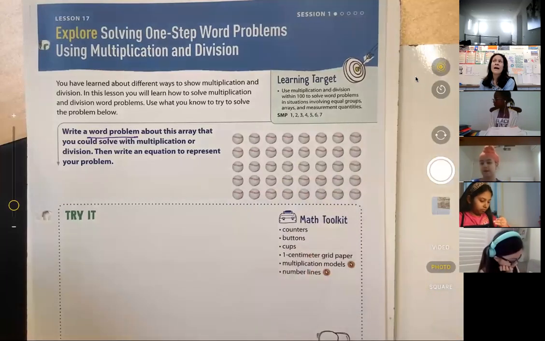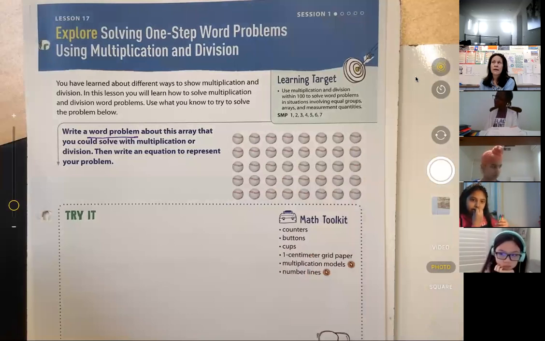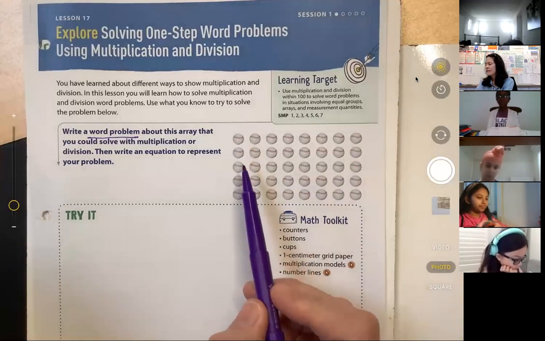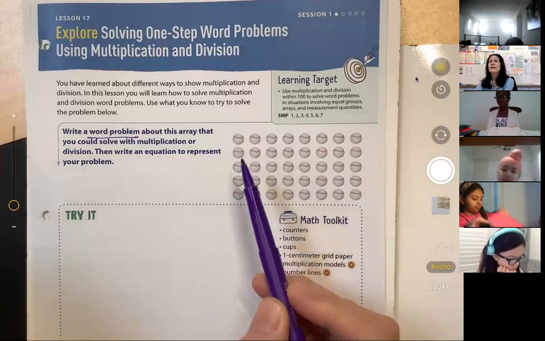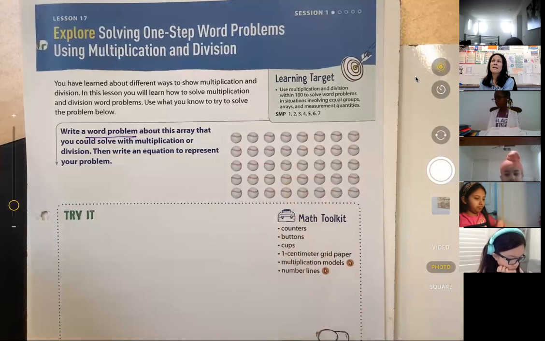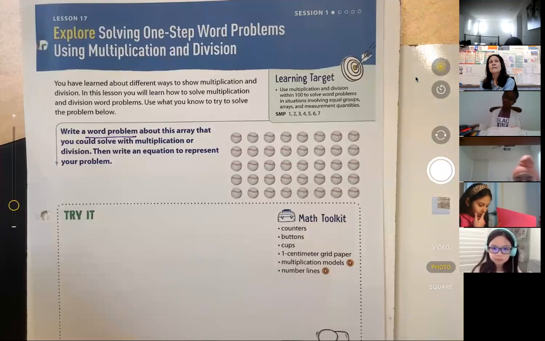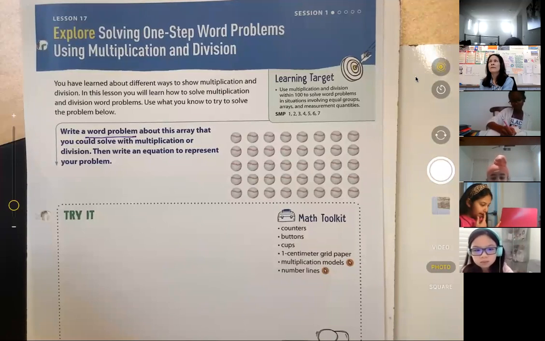I have 5 groups of 8 baseballs. Okay, so my brain tells me that if I were to apply that multiplication, 5 groups of 8, I'm going to have 40 baseballs in front of me here. 40 baseballs. Now I need to write multiplication or division. I need to write some type of a problem here.